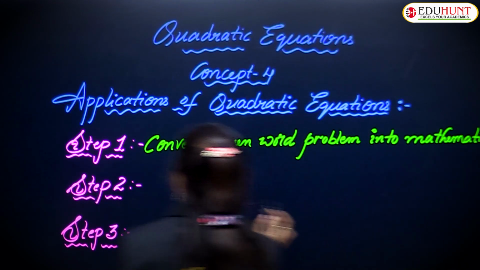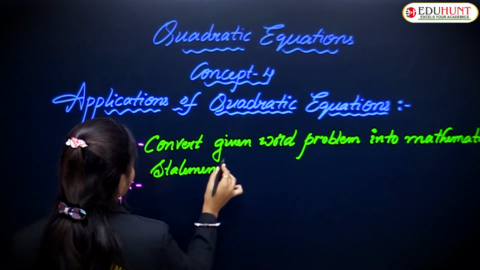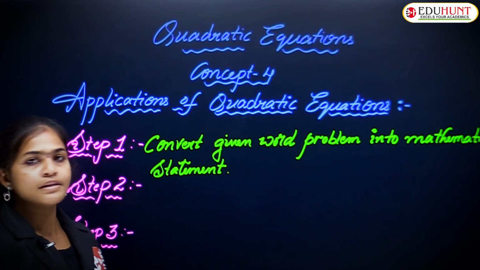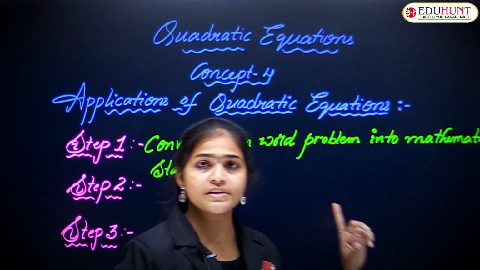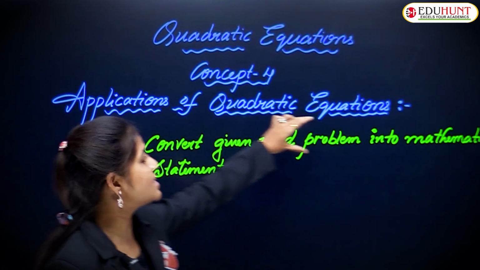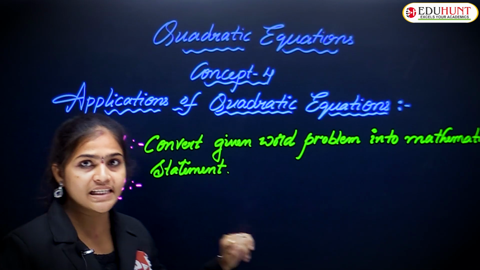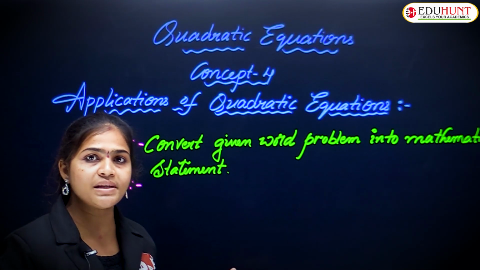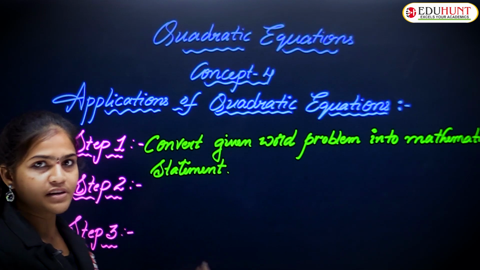First you have to read and understand the question, which is in word form, and convert that word form into a mathematical statement. Mathematical statement means numerical form. So that is the first point.